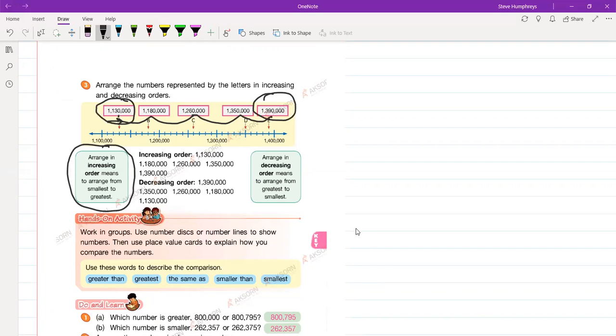Okay, and the opposite is arrange in decreasing order. So you would start with the largest number, which is this number here, 1,390,000. It's going down now from the largest to the smallest.